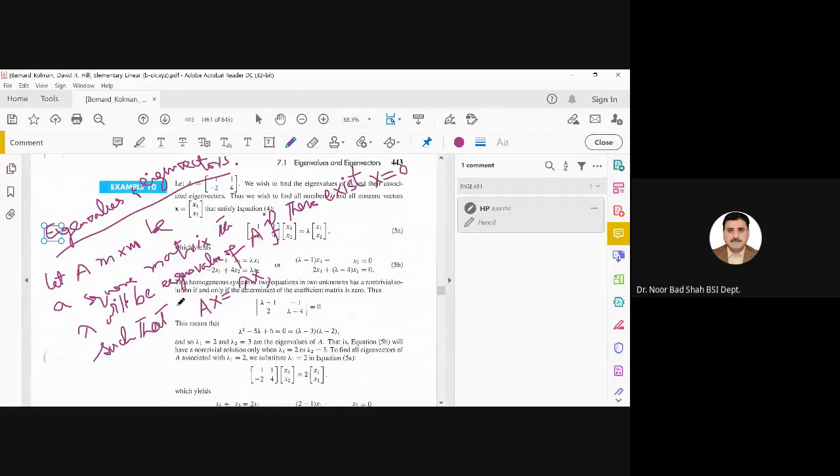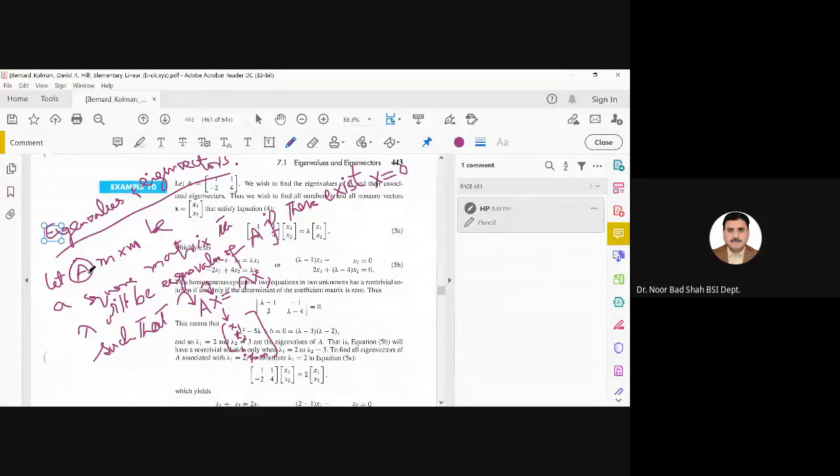For a square matrix A, if there exists x, which is a vector of the form x1, x2, up to xm. If the matrix order is m cross m, this vector will have size m cross 1. If A is a 2 cross 2 matrix, it will be x1, x2.